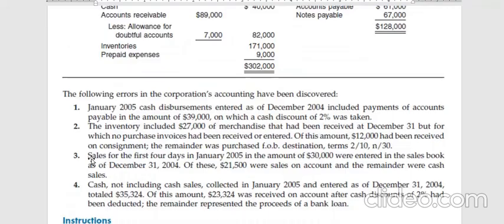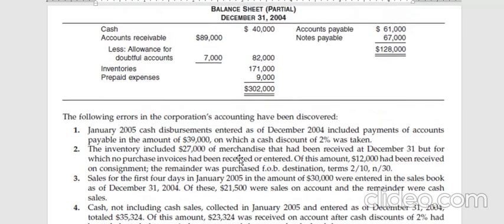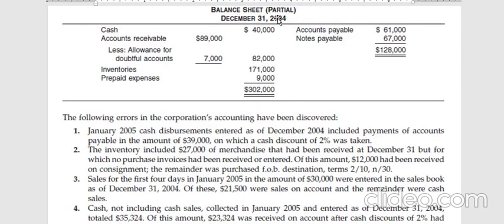Our next information given to us is number 3, sales of the first 4 days of January 2005. So we had a sale in January 2005, and we are at 31st December, where we need to do adjustments for the last year, not January 2005. So that's very obvious, there is a mistake here.